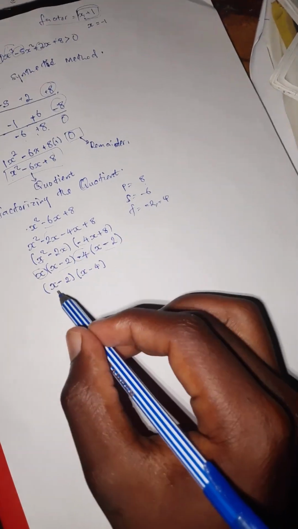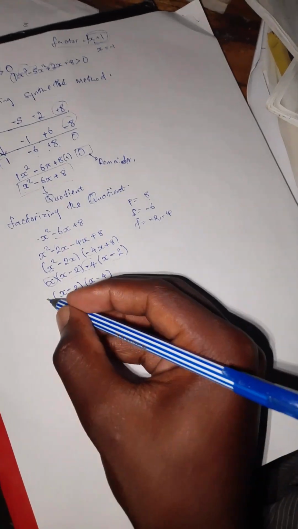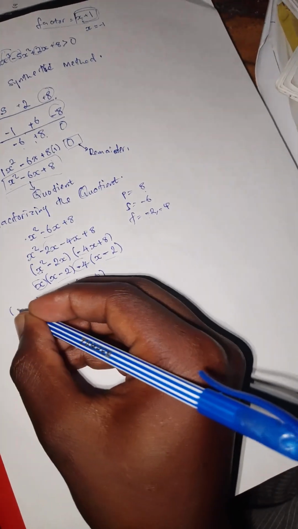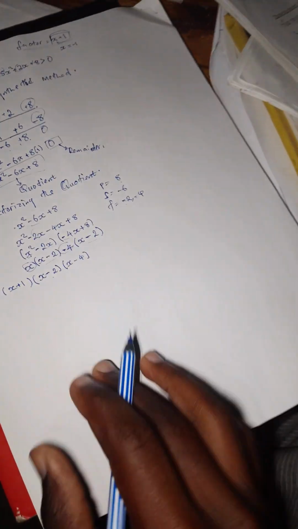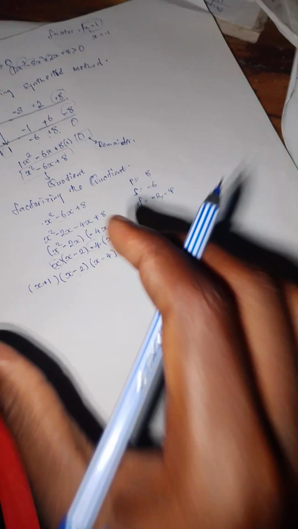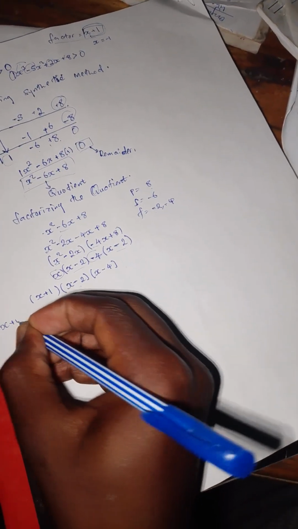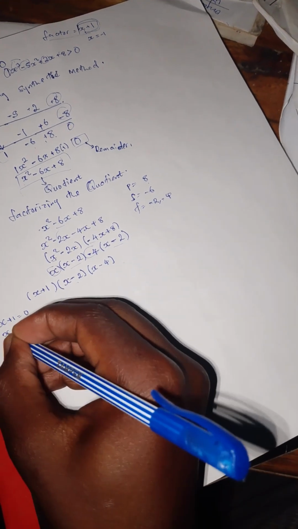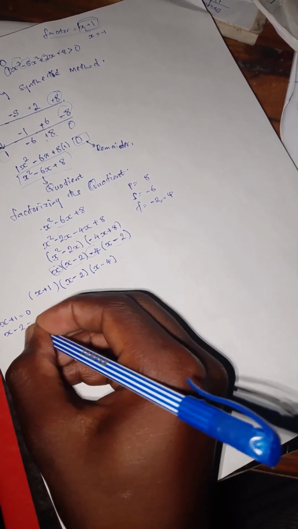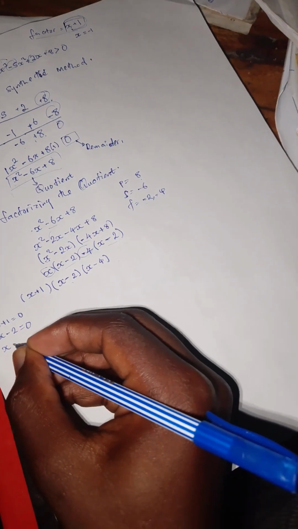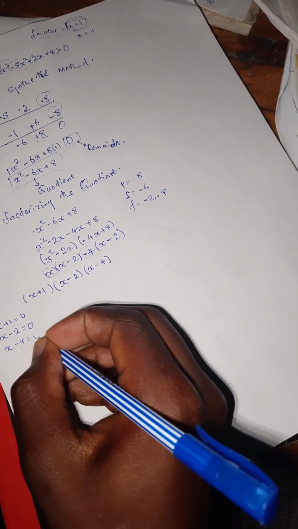Having factorized this one, we have this factor and this factor, and that also is our factor. So we have these three factors. What you do here is equate each factor to 0. So we have x plus 1 equal to 0, x minus 2 equal to 0, and x minus 4 equal to 0 too.